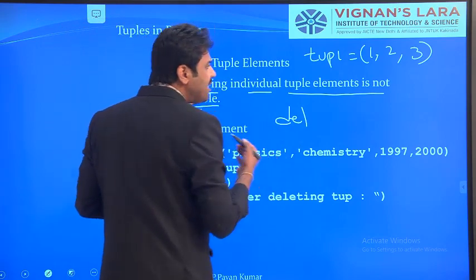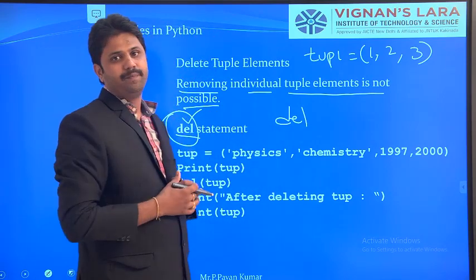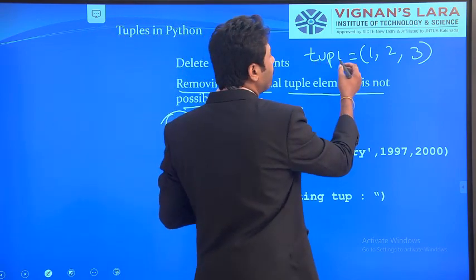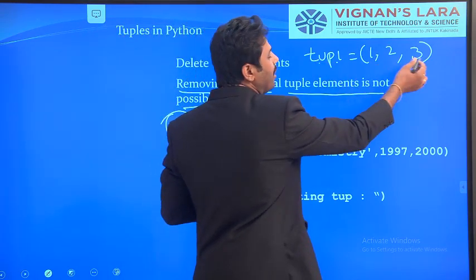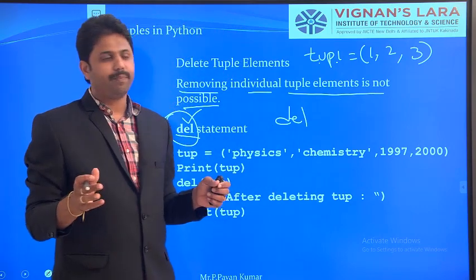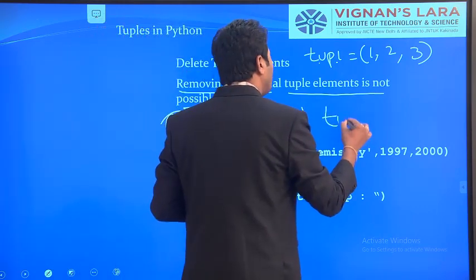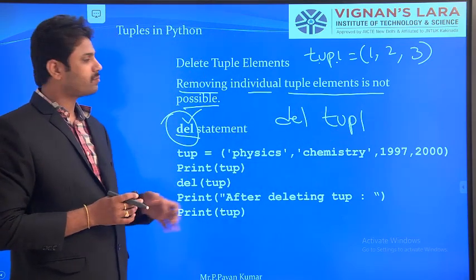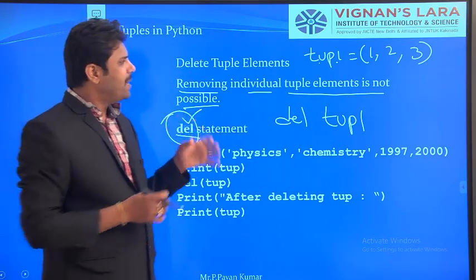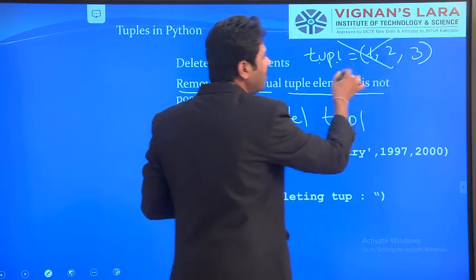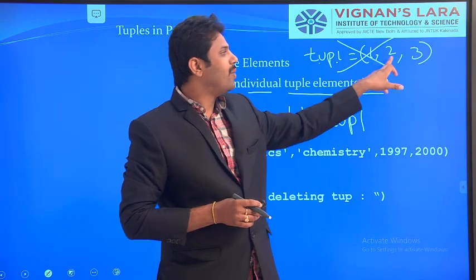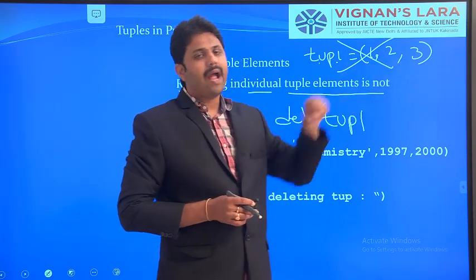This deletes the entire tuple. You can delete the entire tuple. I created a tuple TUP1 of 1, 2, 3. If I don't want that tuple, you simply perform del tuple 1 like this. It removes this entire tuple, not individually, since you can't remove the items individually.